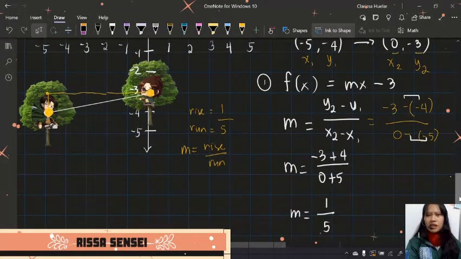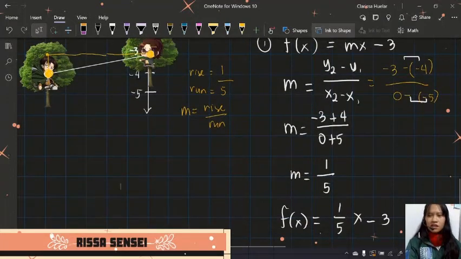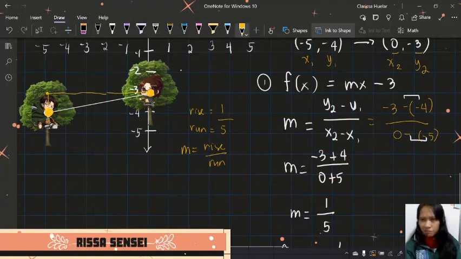So, the function for Levi to get to Hanji is f of x equals 1 over 5x minus 3. That's the line we need. When we graph f of x equals 1 over 5x minus 3, this is how it looks. It connects the 2 points. Okay?